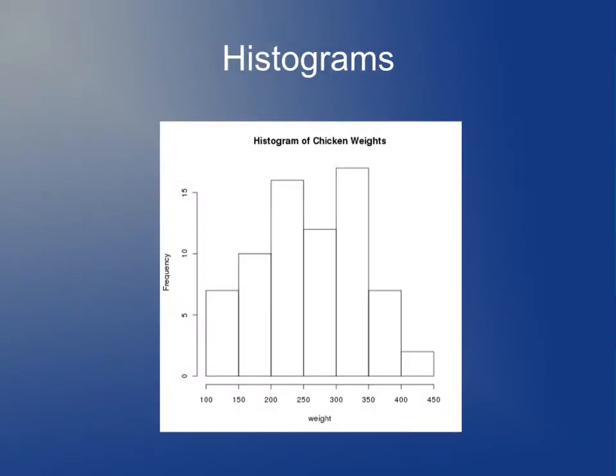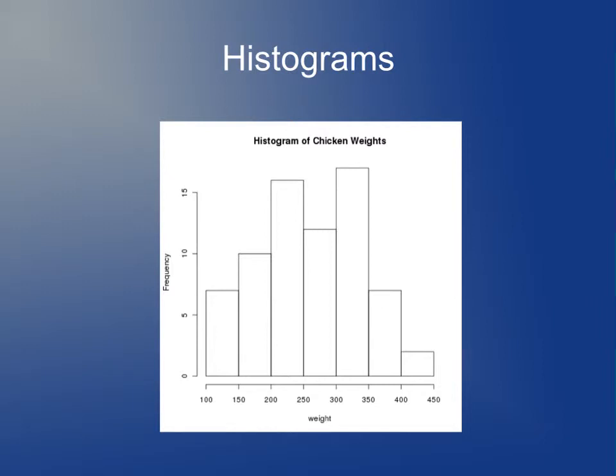The next type of graph for quantitative data is called histograms. Again, hopefully you've seen this before and they're reasonably intuitive, but I'll explain this briefly in case you haven't. The way you create a histogram is you divide the data into a series of intervals or bins. In this data set, it looks like they did 100 to 150, 150 to 200, 200 to 250, so on down the line.